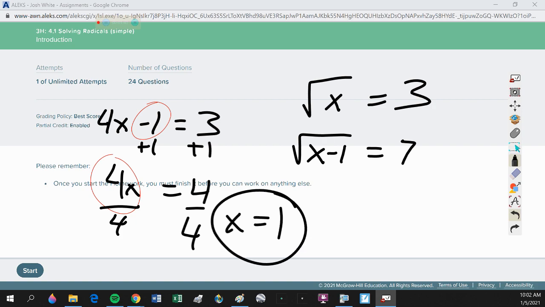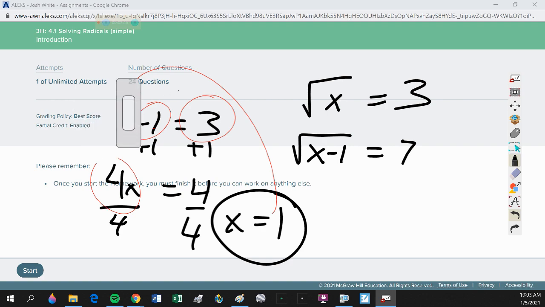What does that represent? What does 1 mean in this situation? It's the only x that you can plug in and get 3. So if I take this 1 and stick it in here, 4 times 1 is 4, and 4 minus 1 is 3, and it turns out that is the only place where that's true. You plug in any other number and you will not get 3.